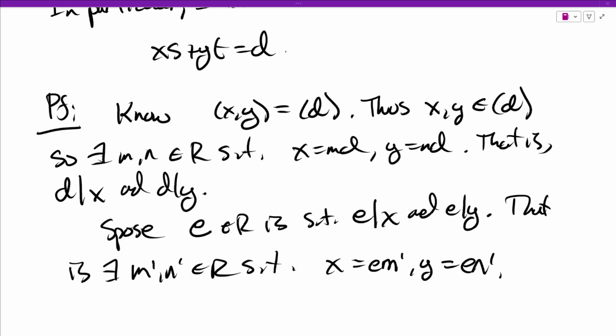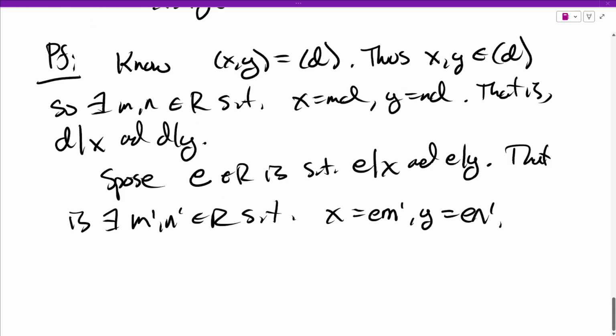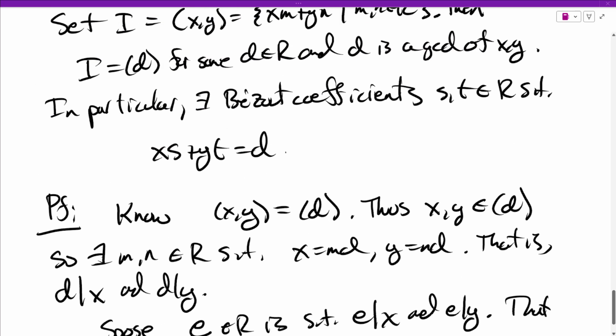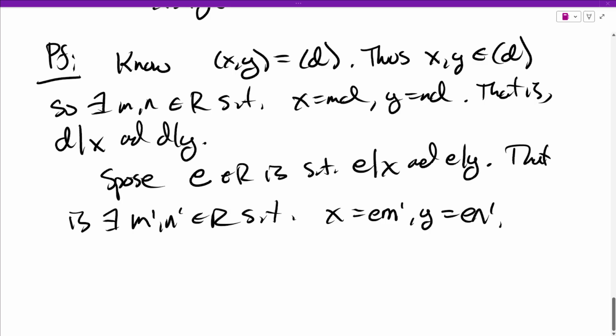Let me also note there's one intermediate step here. I actually want to go in and argue these Bezout coefficients first. Let's keep that in our pocket for a second. We'll go back and use it.